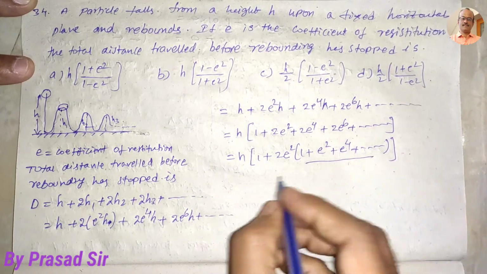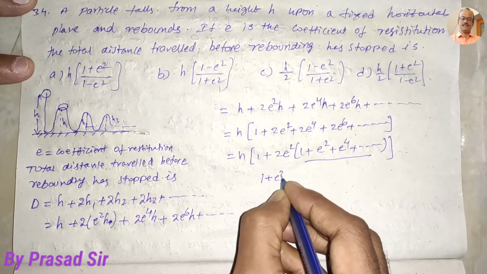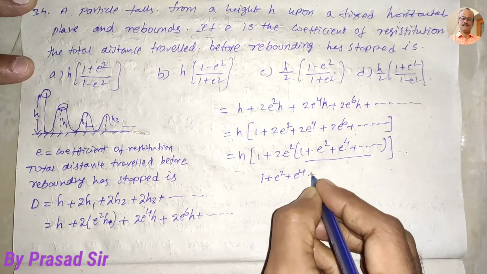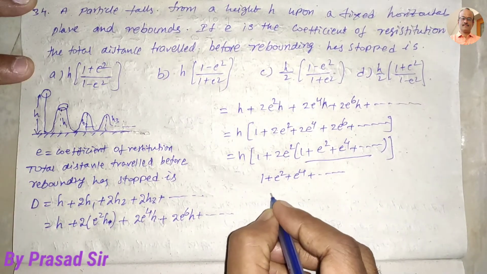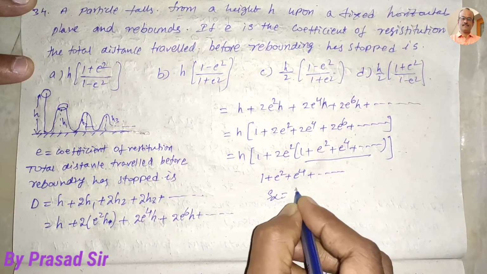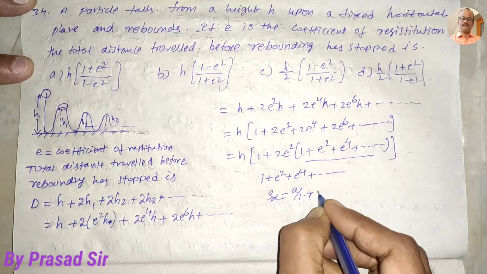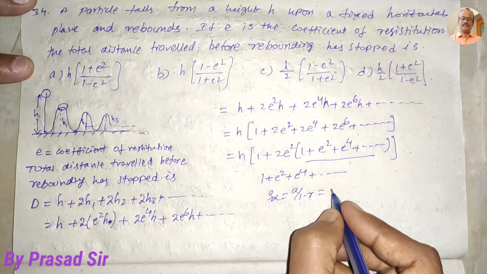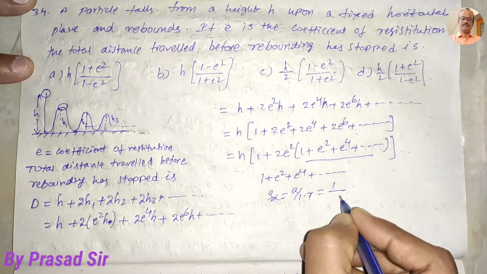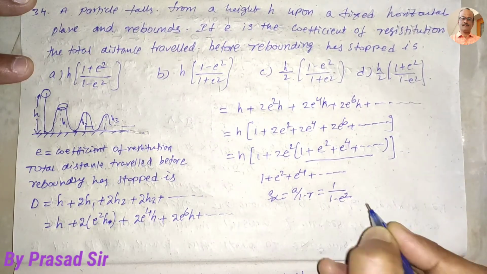But here this is a geometric progression. So 1 plus e square plus e to the power of 4 dash dash dash. For this, S infinity is equal to a by 1 minus r. So a by 1 minus r is nothing but 1 divided by 1 minus e square.